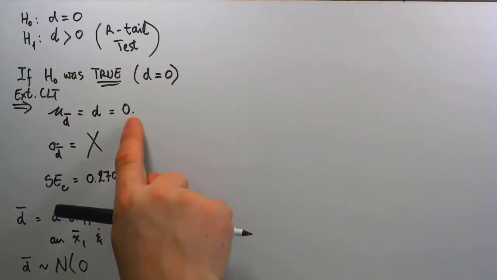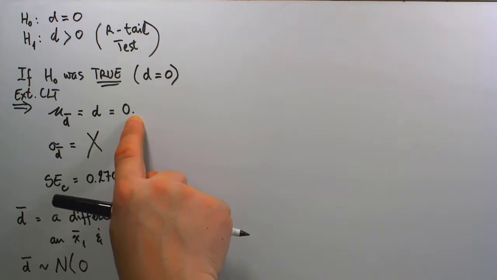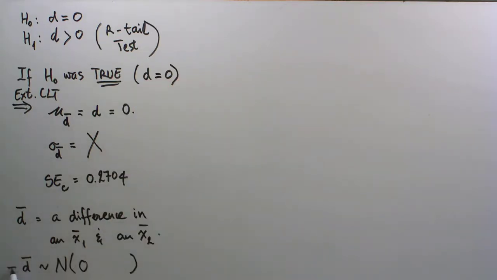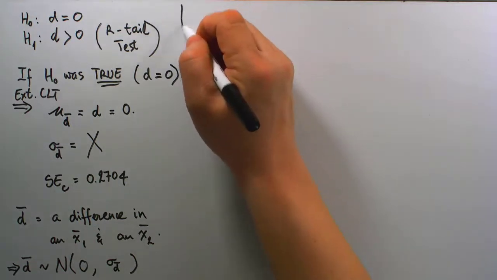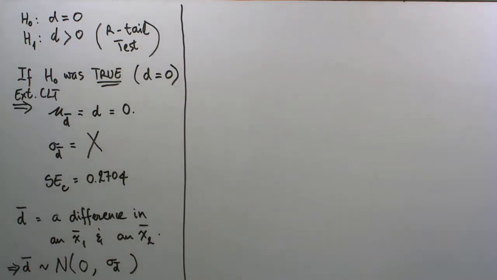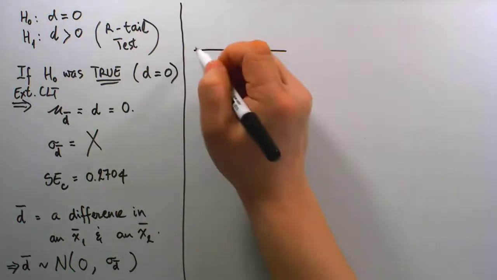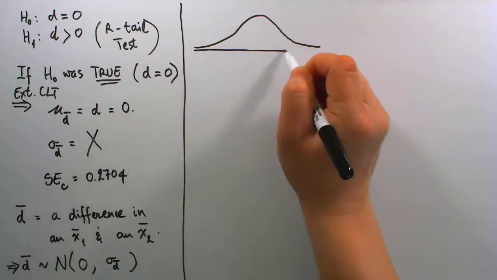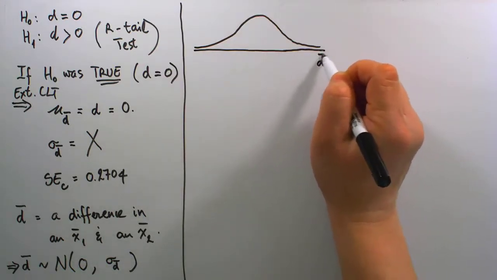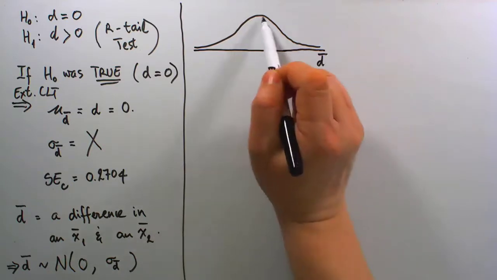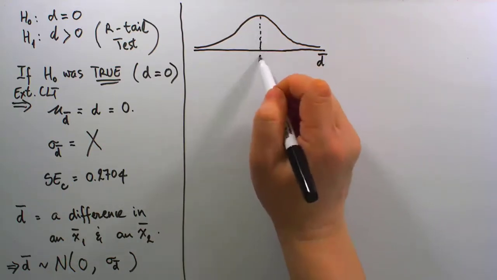But since we are currently accepting that 0 is the value, d bar can be assumed to be on a bell curve centered consequently at 0 with the unknown average spread sigma d bar. And so in that way, we can now draw a bell curve to represent all values of d bar where the center of this bell curve is right at 0.